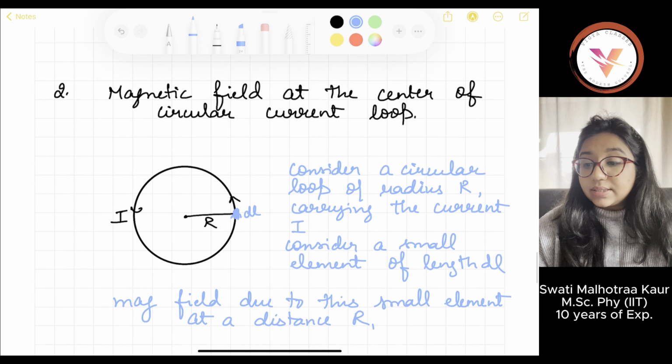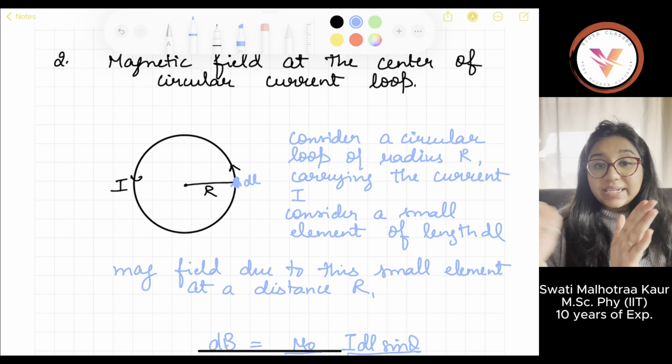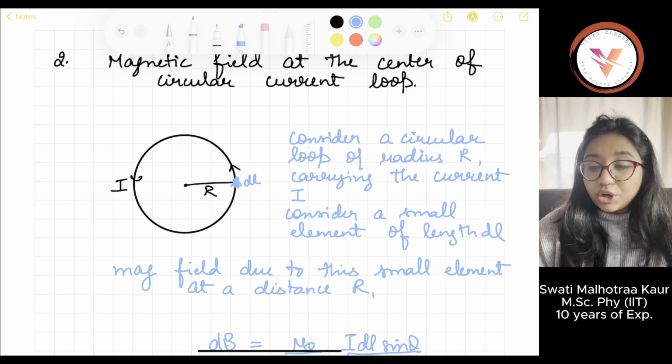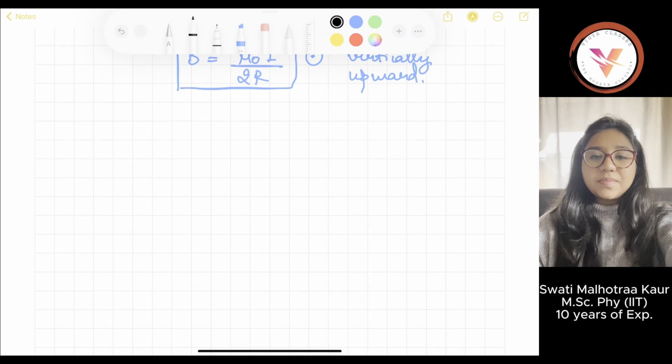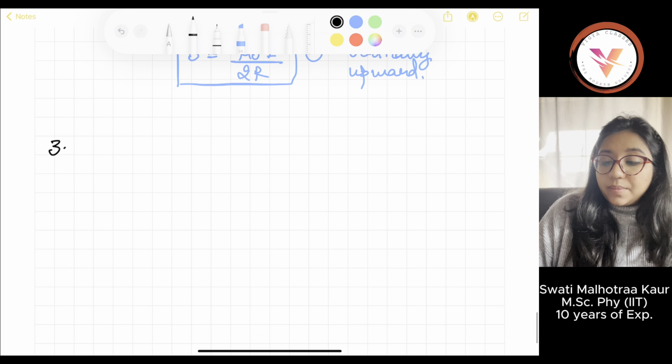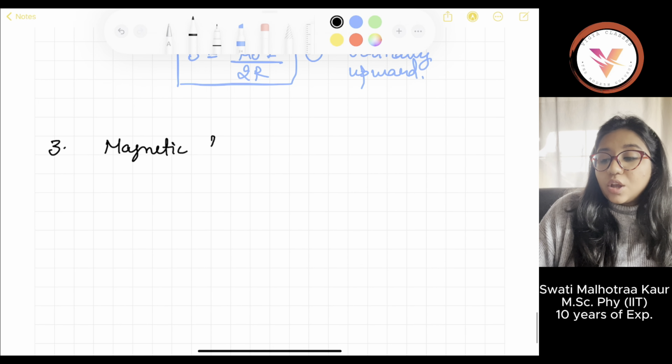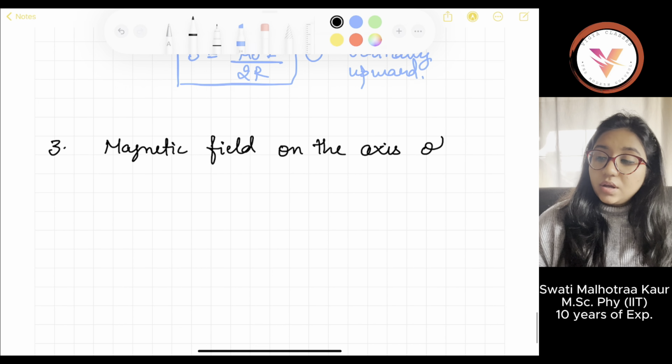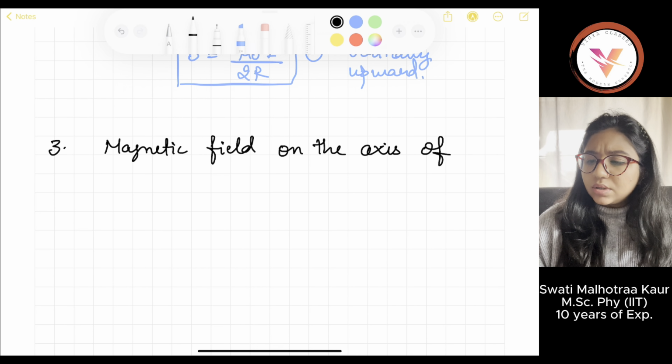Now next is to determine the magnetic field on the axis, on the axial point of this circular loop. So the third equation is the magnetic field on the axis of a current carrying circular loop.